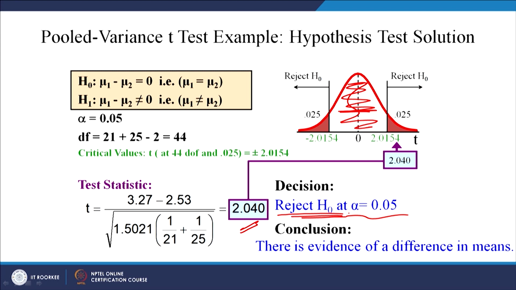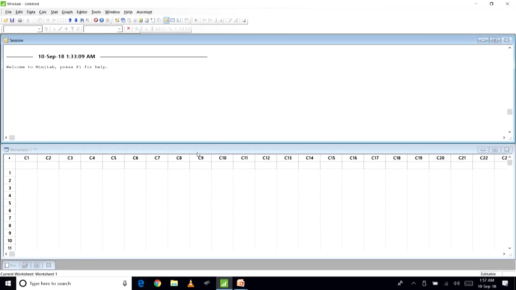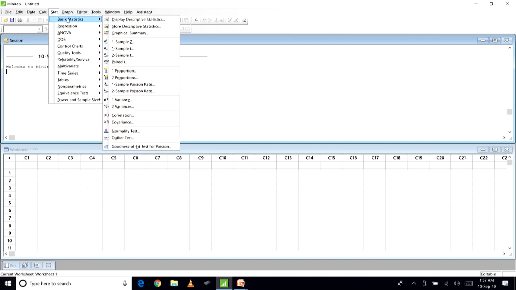So, let us look at this question and you just keep in mind the numbers over here, the sample mean and standard deviation of these two. So, we will work out this example using Minitab, right. We will go to Stat first, Basic Statistics, and then we will go for the two sample test.